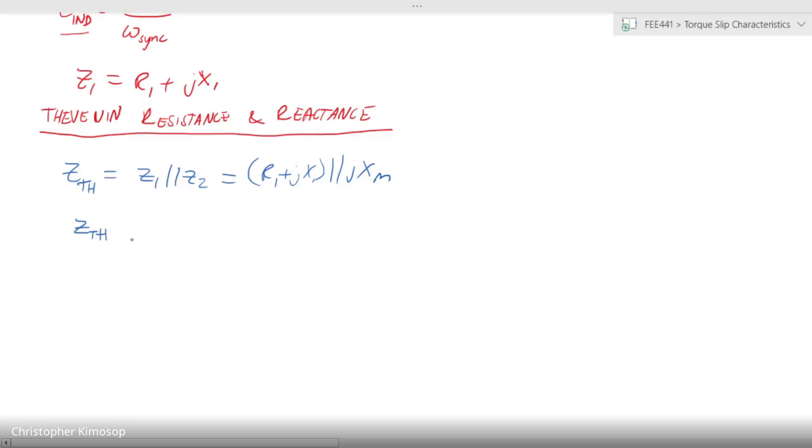Therefore, looking at that, if we want the Thevenin equivalent of the induction motor circuit, especially the stator side, it will be the product over the sum, which is denoted by that.